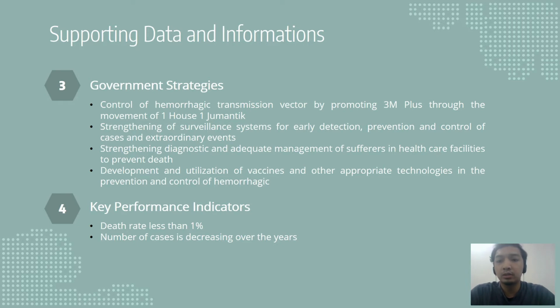The first is control of hemorrhagic fever transmission factors, then strengthening the surveillance system for early detection, strengthening diagnostics and adequate management, and lastly development and utilization of vaccines. This is what government does to prevent the number of cases and the death rate from increasing.